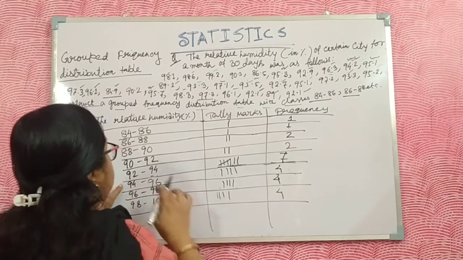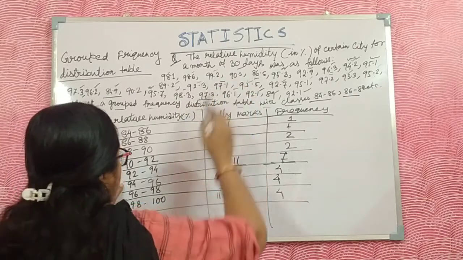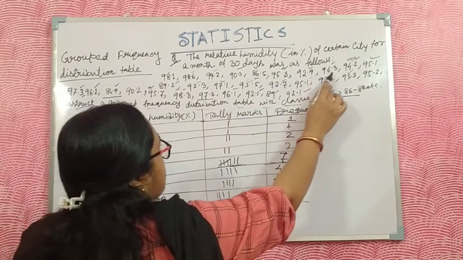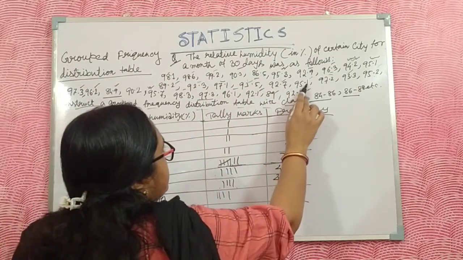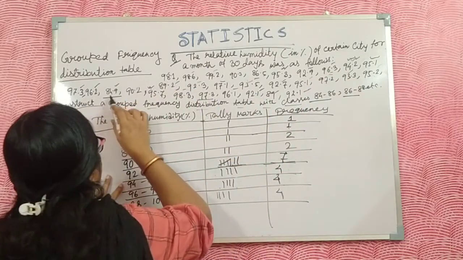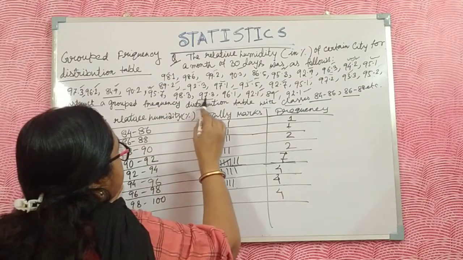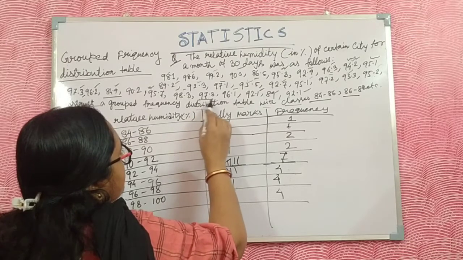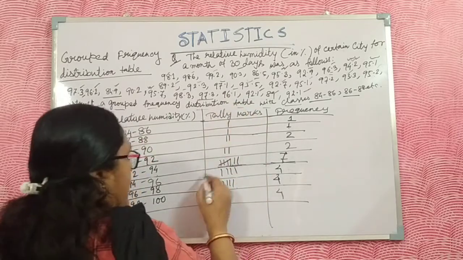here 94 to 96. I take 94 to 96. 1, 2, 3, 4, 5 and another here, yes, 6.